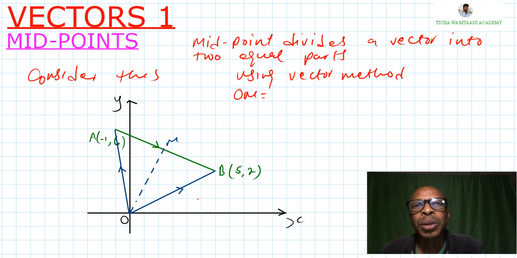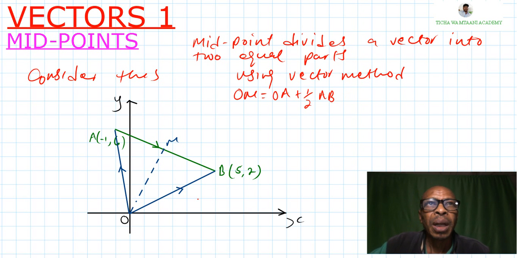So it is OA plus a half AB. We already have OA, so we need to find AB. I'll do it separately here.